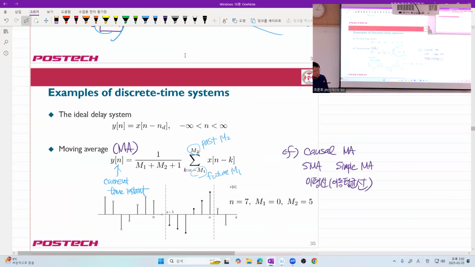Anyway, so here goes examples of discrete time systems. Usually, we label the output as y and input as x, but it's not necessary. Okay, so be careful. However, if I do not say anything, this is input and that is output. And this is called the input-output relation. And let me ask you a question.